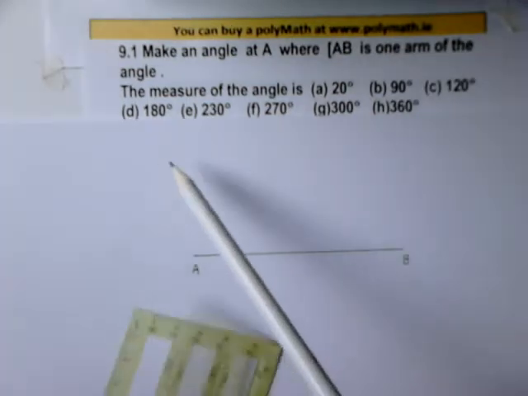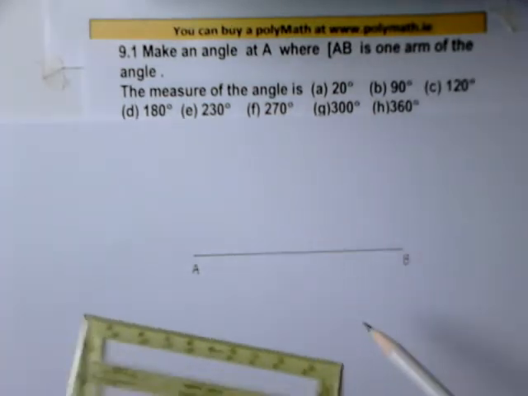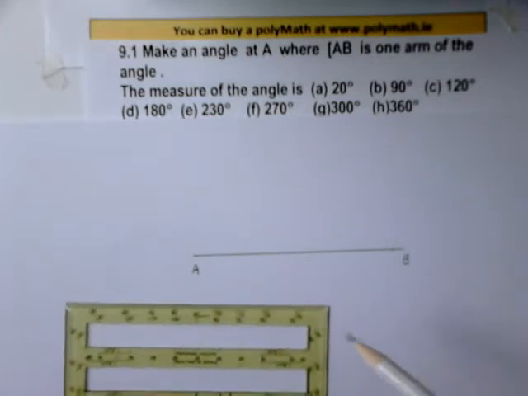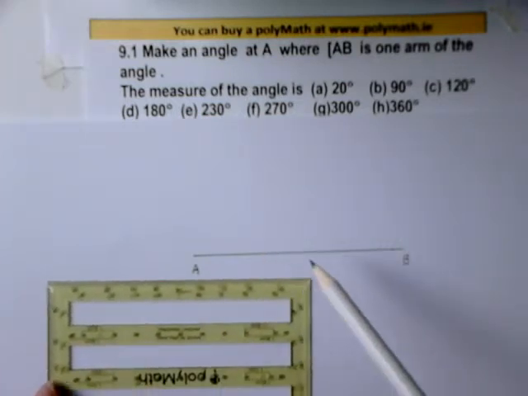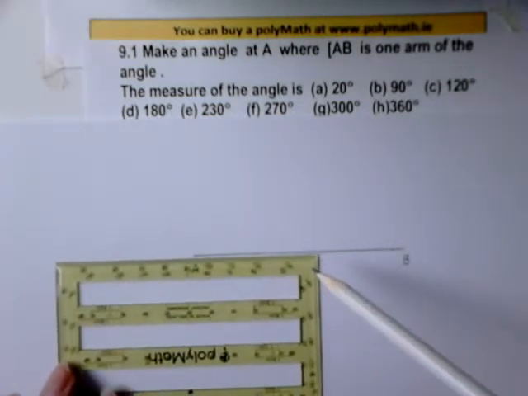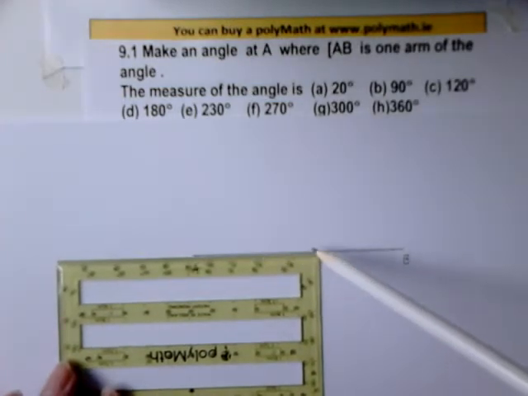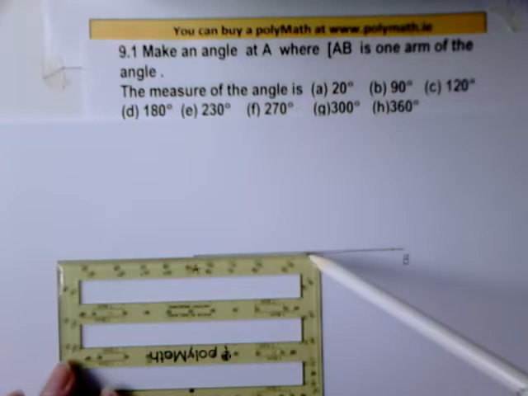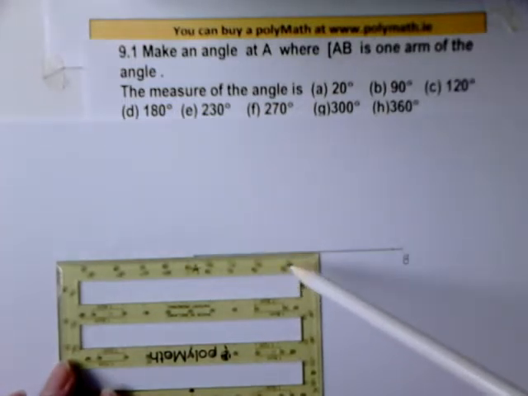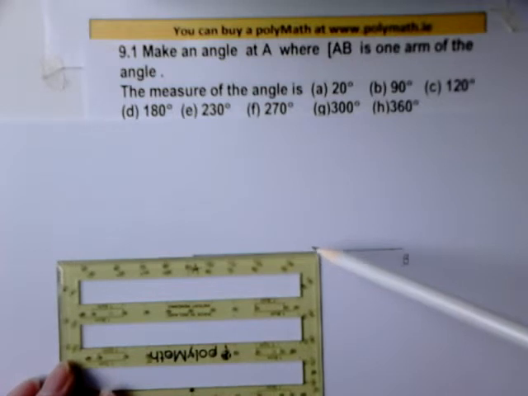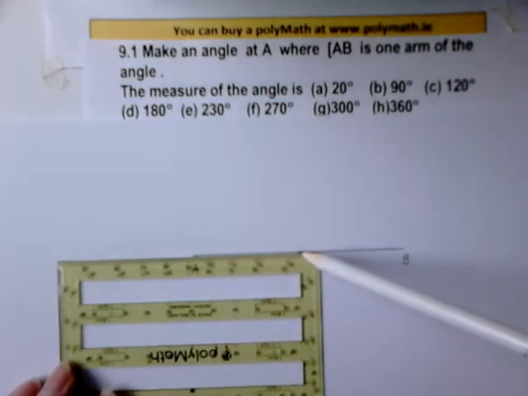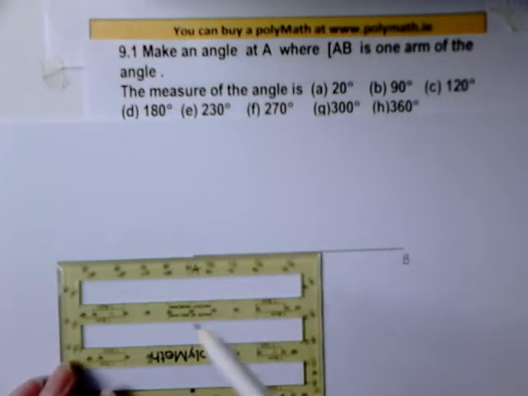The next angle is 180. 180 degrees is the easiest angle to draw because you've just got to continue a line. I'm trying to get this right along without covering it up with my hand.